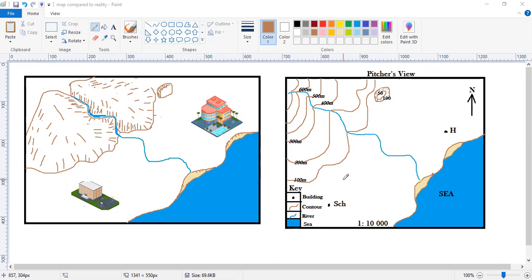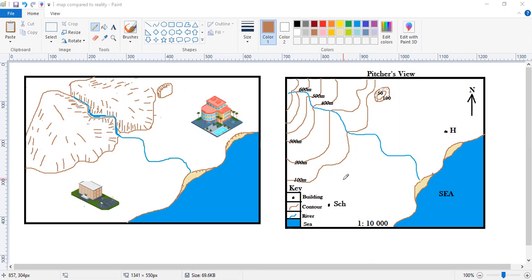So a map is really a tool in 2D form, two-dimensional form, or we could say that it is drawn on a flat surface.